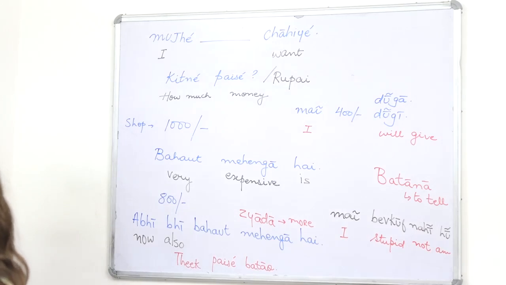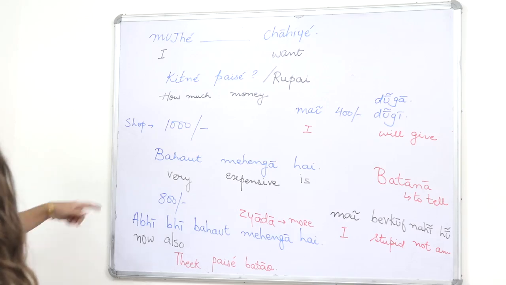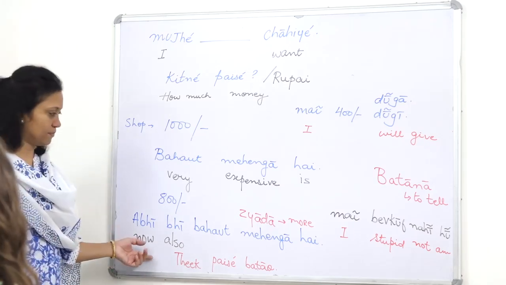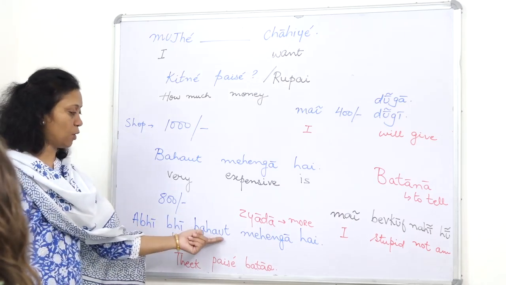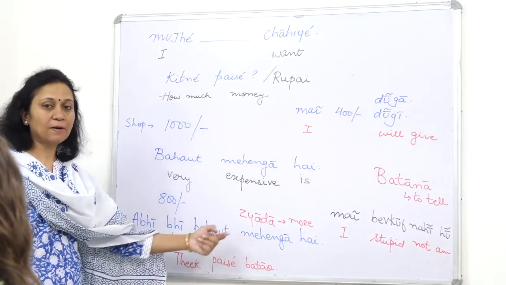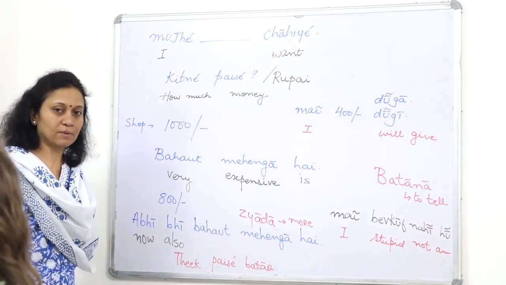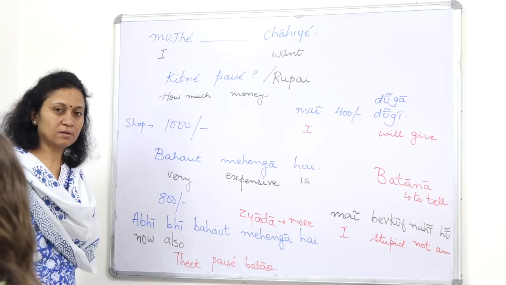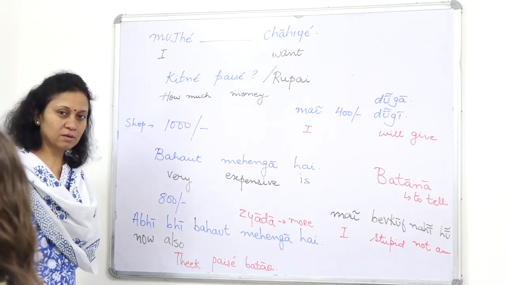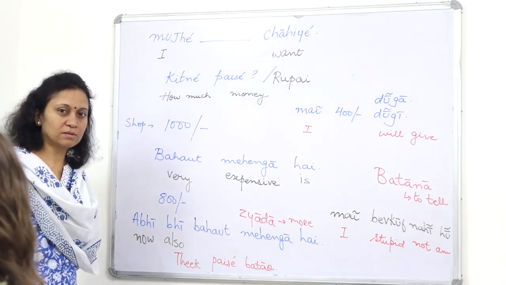That's right. कितना पैसे? बहुत महंगा है. अभी भी बहुत महंगा है और अभी भी बहुत ज़्यादा है.